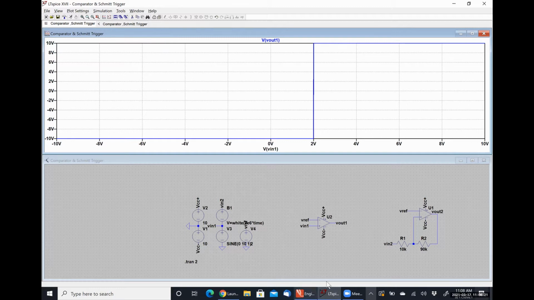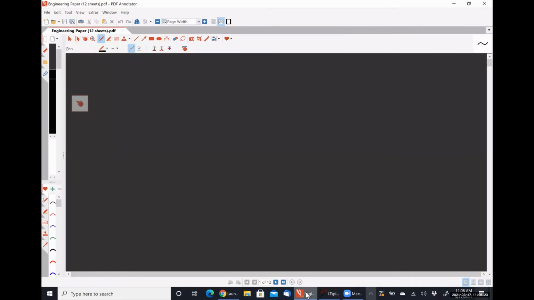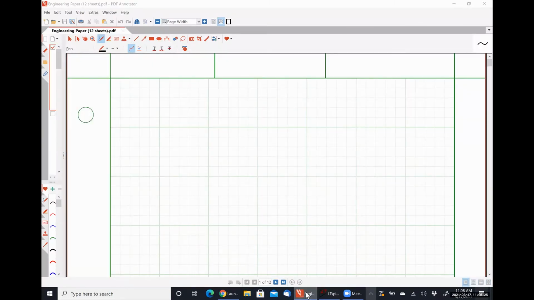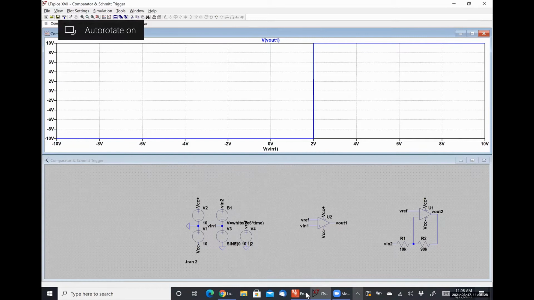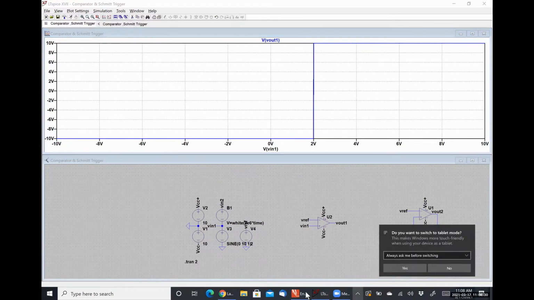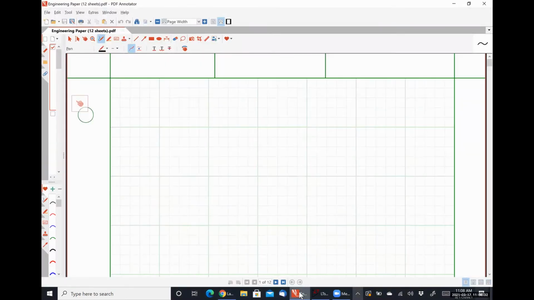All right, so let's take a look at this non-inverting Schmitt trigger circuit.